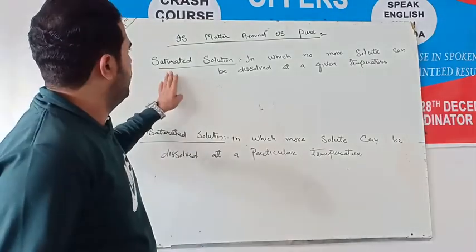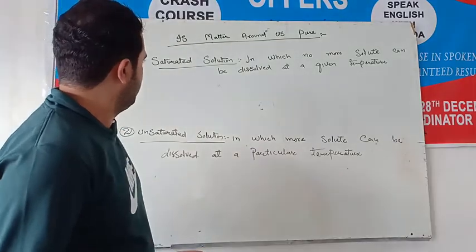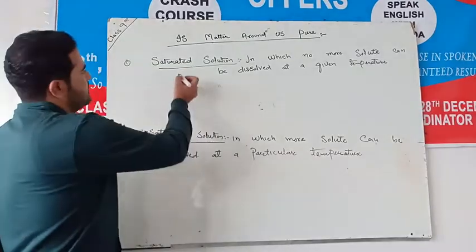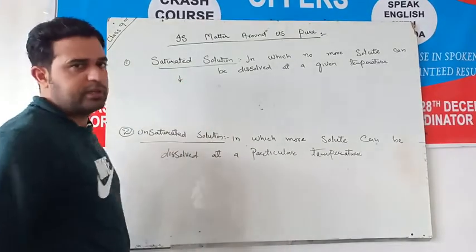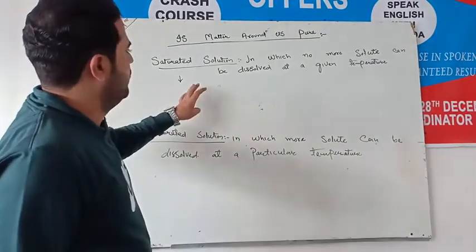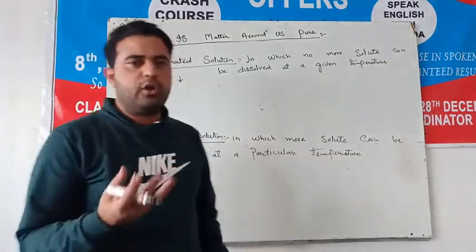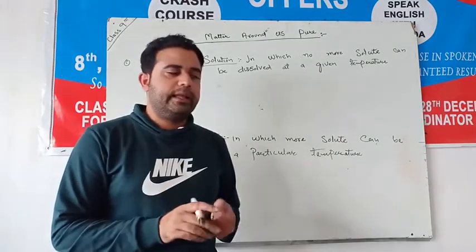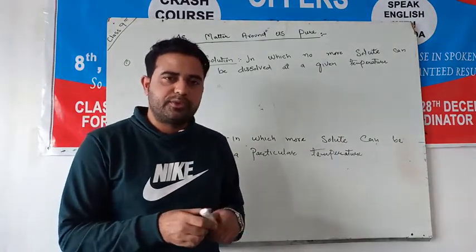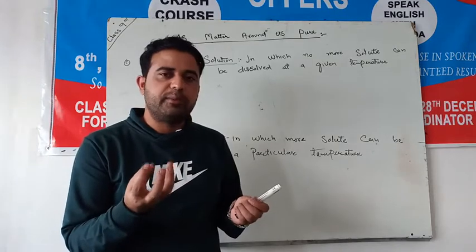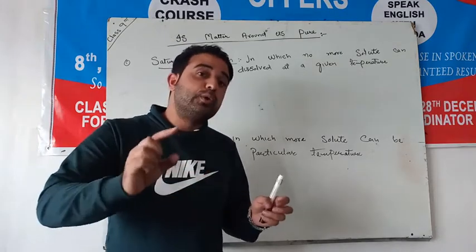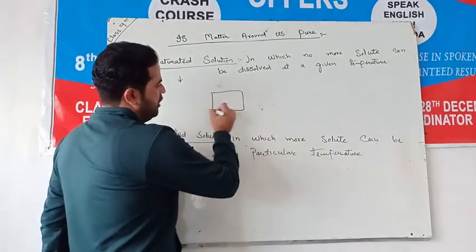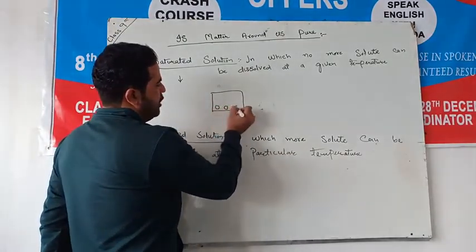Now, what are the different factors which affect the properties of a saturated solution? When we dissolve a particular solute in a solvent, the solute particles occupy the places between the molecules of the solvent. For example, water is a solvent made up of water molecules.